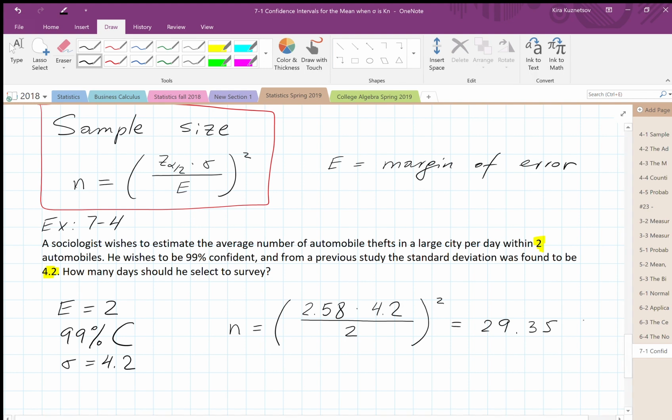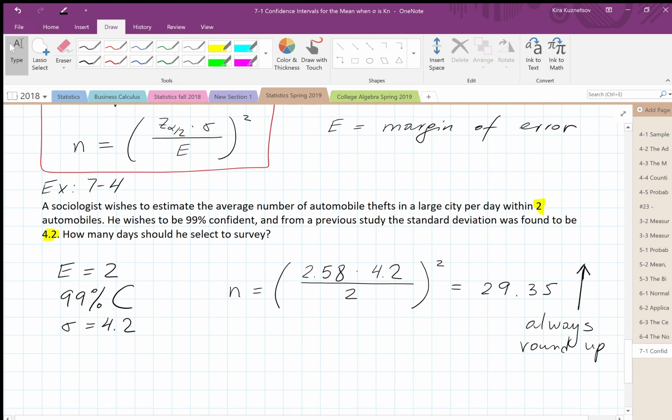So in this case, this is the only rounding that is non-ordinary because you always round up. Always rounding up allows you to not forget about this third of a person who has an opinion. So what you need is to go up to 30 in this case.